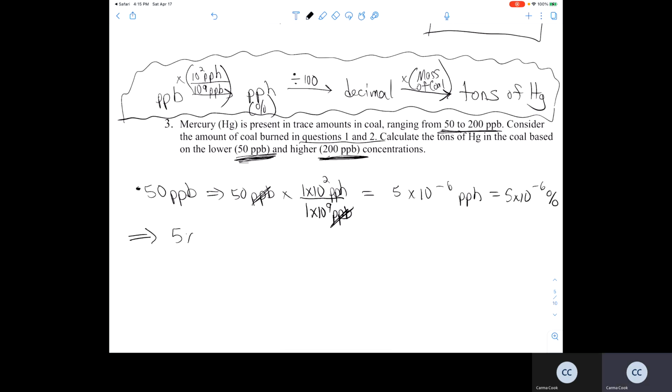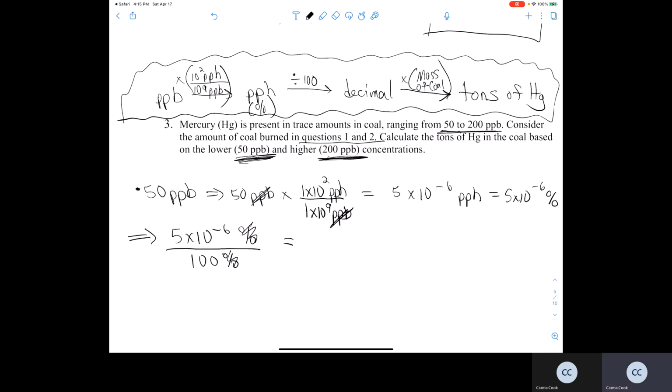We take 5 times 10 to the negative 6%, divide by 100%, and that will give us our decimal, which is 5 times 10 to the negative 8. Now we take this decimal and multiply it by the mass of coal.